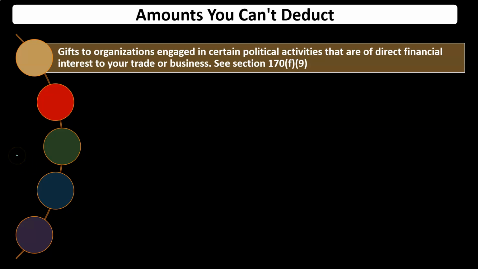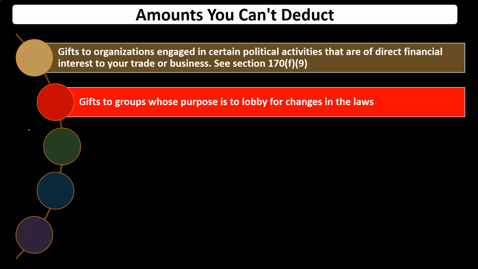So, amounts you can't deduct, continued. Gifts to organizations engaged in certain political activities that are in direct financial interest to your trade or business. So again, the political gifts, if it looks like there's going to be any kind of benefit to you on it, they're going to try to say no political benefit gifts in general.